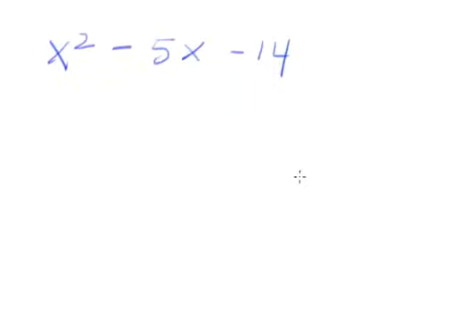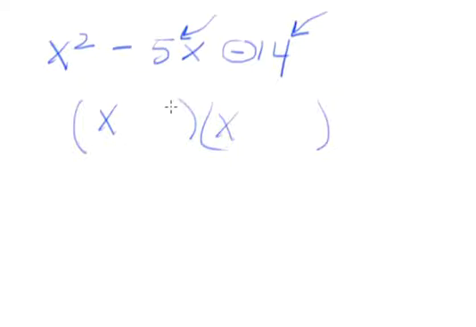Well, again, we're looking for two factors. Now we're looking for two factors that multiply and give me 14, subtract and give me 5. Now watch this. Multiply, give you 14, subtract, and give you 5. That would be a 7 and a 2. Remember, the 7 has to be negative because the middle term, whatever that sign is, that's going to be the larger number. So keep that in mind.